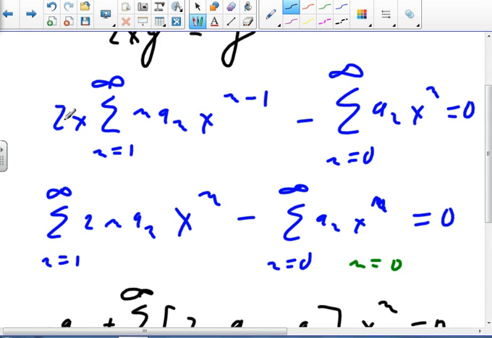So when I brought the 2x inside the summation, I keep the 2, but I multiply the x times x to the n minus 1, it becomes x to the n. I added the exponents in the x and put them together. Was that sneaky and devious? Or was it both sneaky and devious? Oh, okay, whatever.